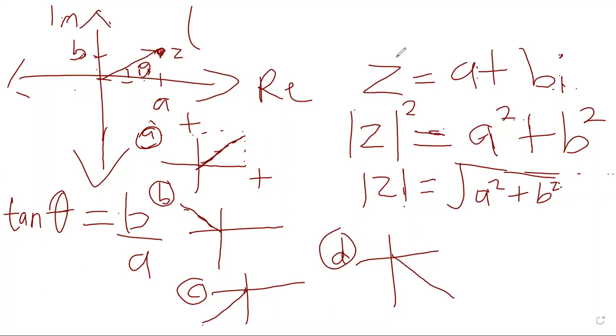And so we can use the normal arctan for the argument. So in this one we can use the normal tan inverse of B over A. That's when both of them are positive.